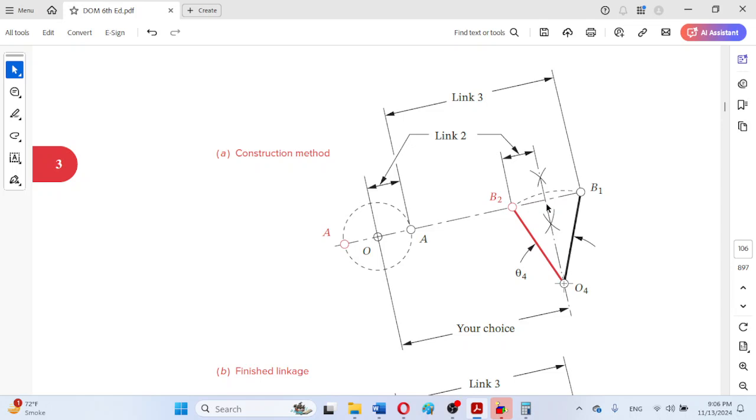So that means that if the crank grounded revolute is located on the line connecting the two extreme positions of the rocker, then the output of the rocker will be non-quick return, meaning the rocker will be moving with constant velocity in the forward and return stroke.